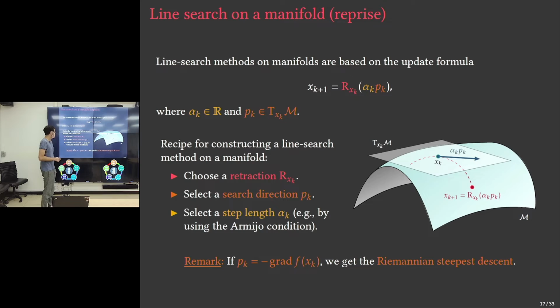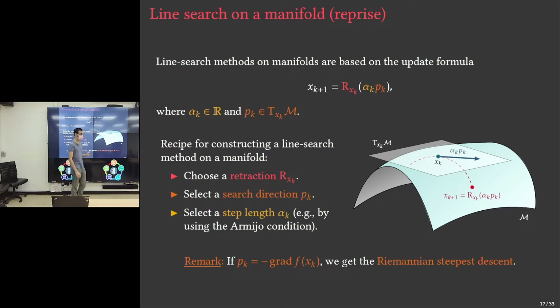Regarding the search direction, if we choose the anti-gradient, the negative Riemannian gradient of f at xk, we get the Riemannian steepest descent, the Riemannian counterpart of the steepest descent method or gradient method. Some people call it gradient method, some people call it steepest descent. Personally, I prefer steepest descent because it already gives two pieces of information about the method.